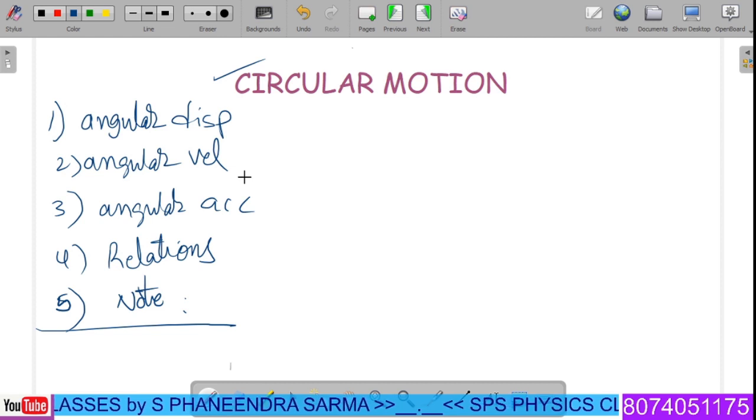So these are the 5 points of discussion for the present class. Let us start with angular displacement.